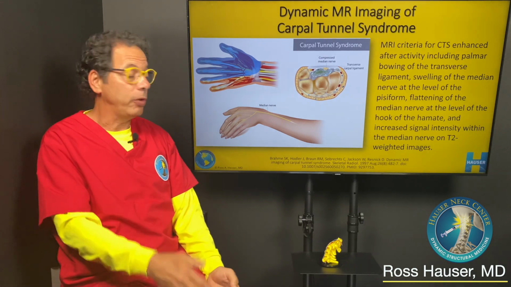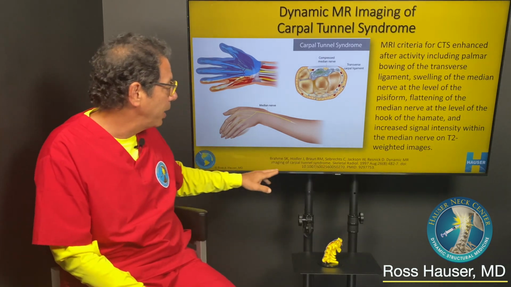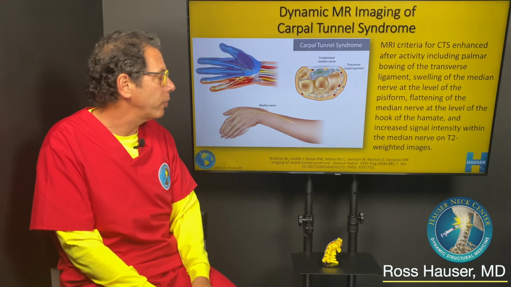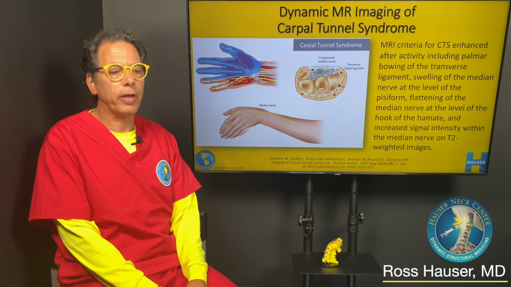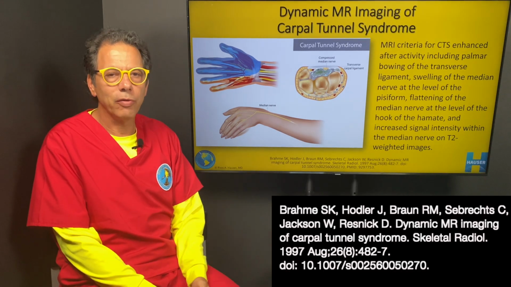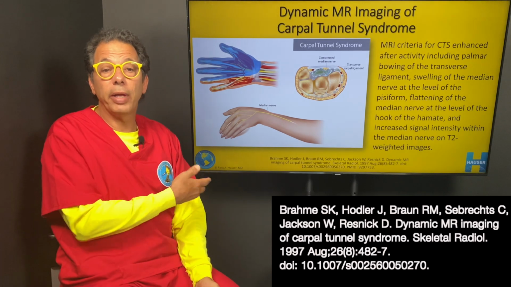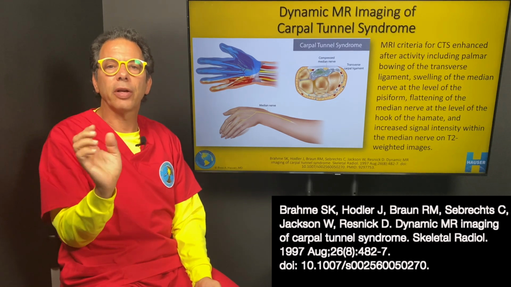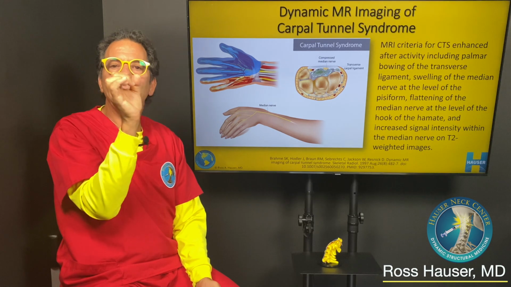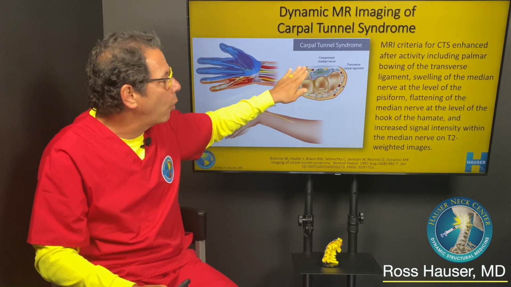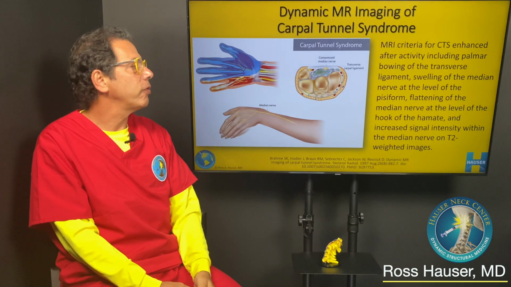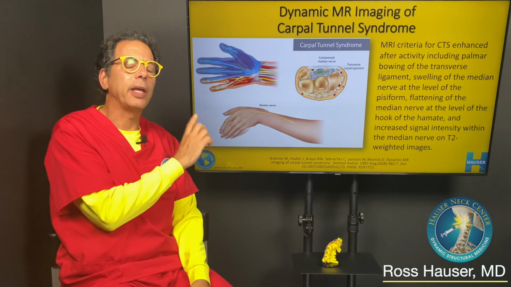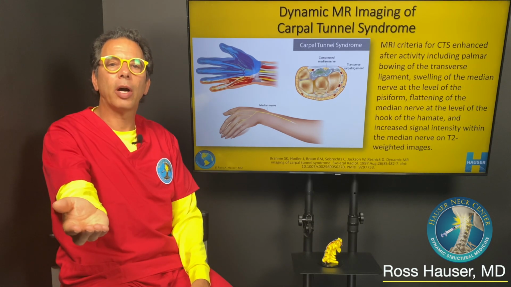I'm going to review an article entitled Dynamic MR Imaging of Carpal Tunnel Syndrome, in Skeletal Radiology, from 1997. You might say, geez, Doc, why are you doing something from 1997? I'm just showing you that even in 1997, there was MRI evidence that the carpal tunnel diameter and the transverse carpal ligament changed with motion, causing carpal tunnel syndrome.